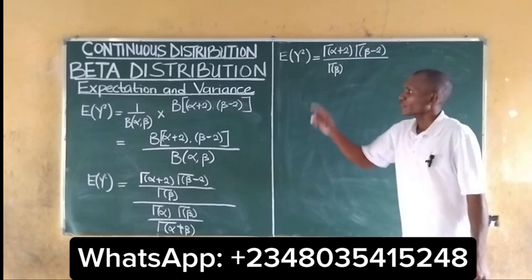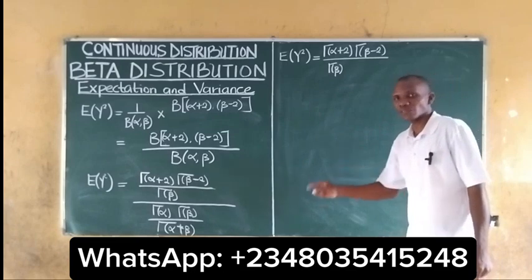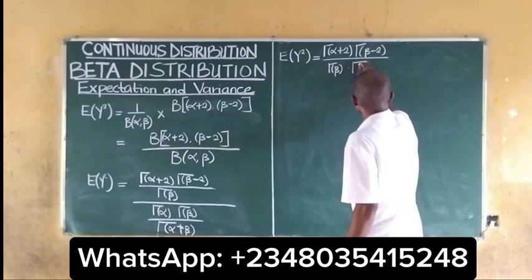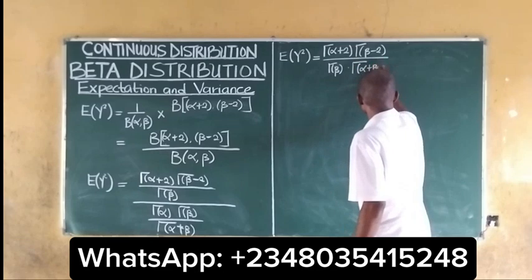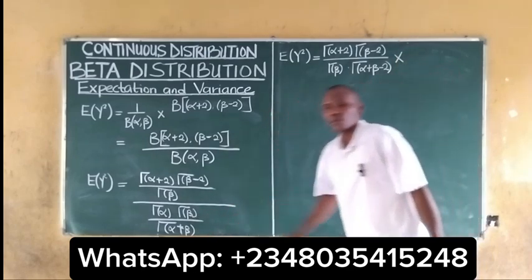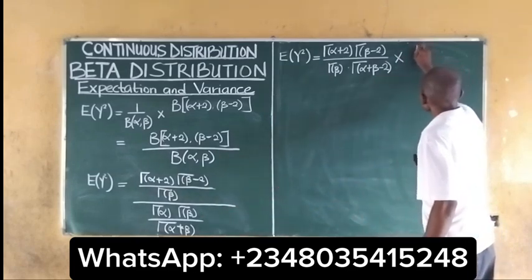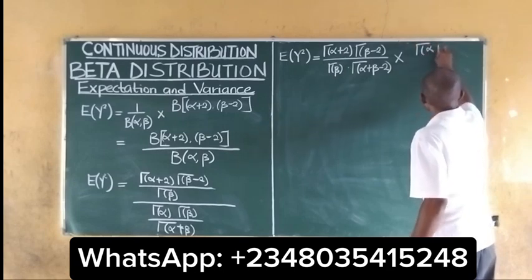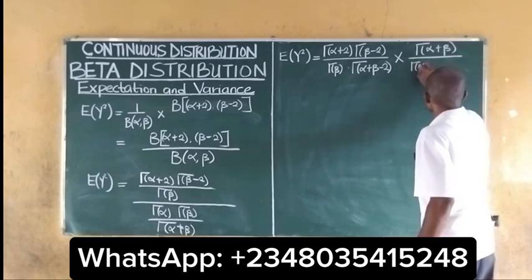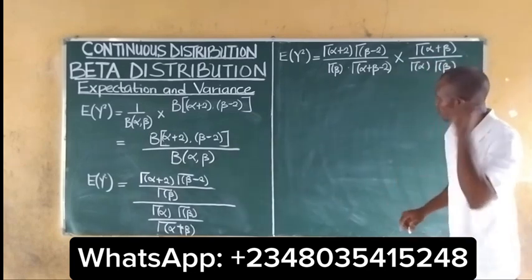But in the beta distribution of the second kind, we add the degree of freedom adjustment. The degree of freedom adjustment, we add it to be the gamma property, gamma of alpha plus beta minus 2, multiplied by, this will come over to give us gamma alpha plus beta all over gamma alpha, gamma beta. So this is what we get.